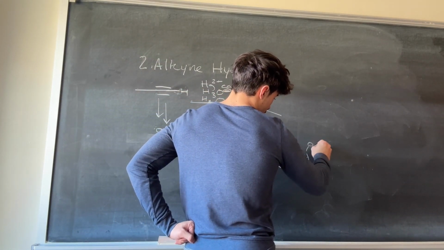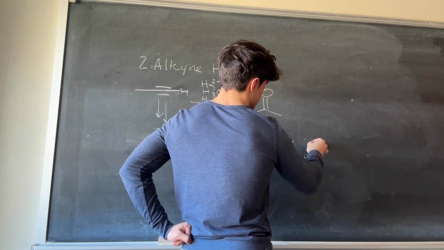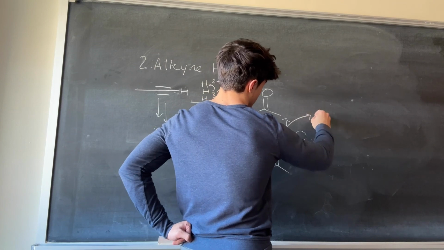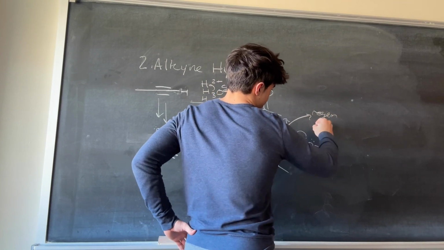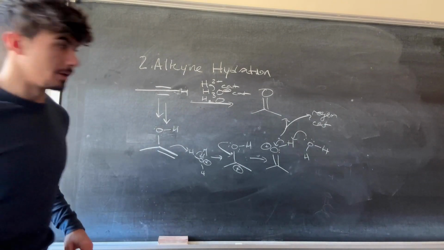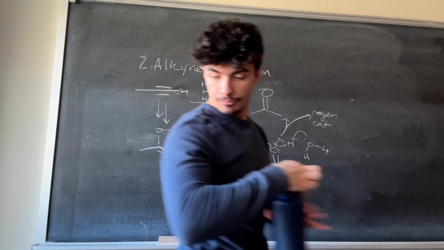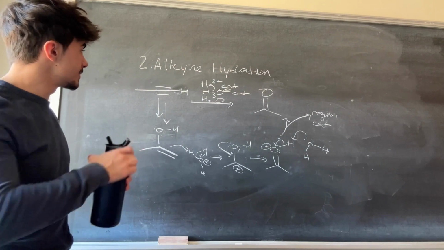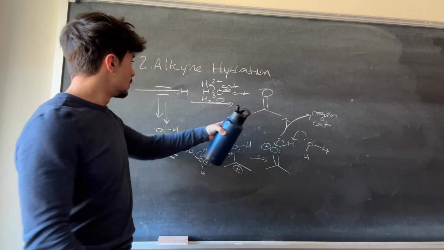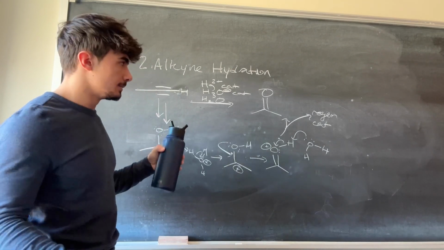Then with water, you can deprotonate. We also regenerate the catalyst, which is the hydronium here. So the more substituted carbon ended with the oxygen, but notice compared to alkene hydrations, we're ending with a ketone instead of an alcohol.